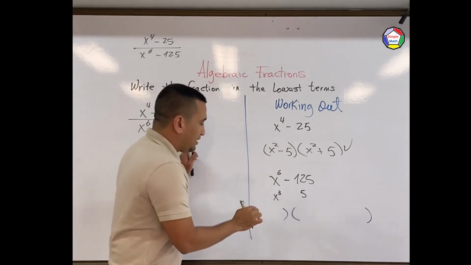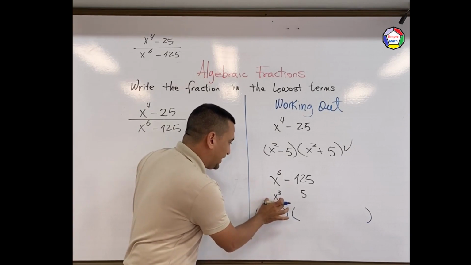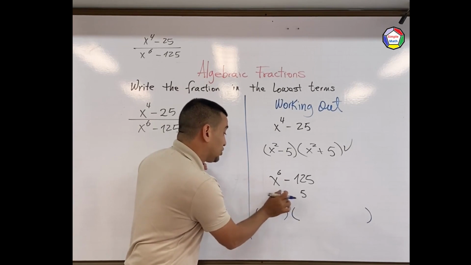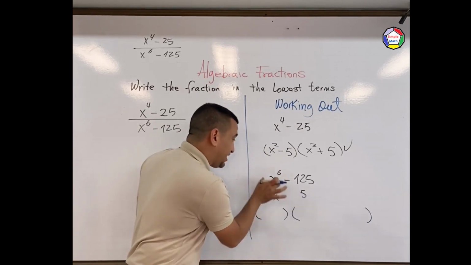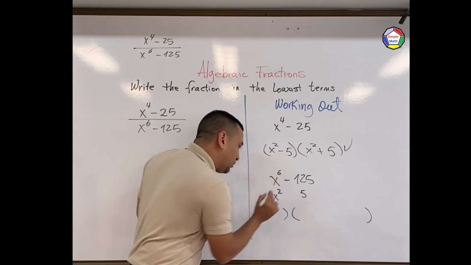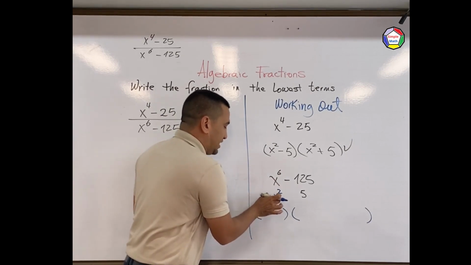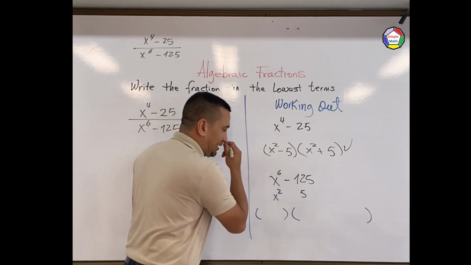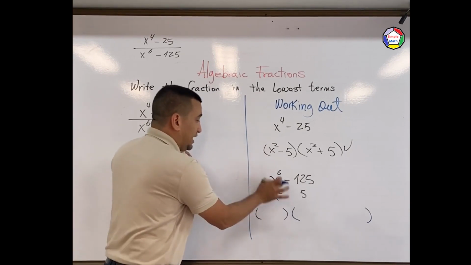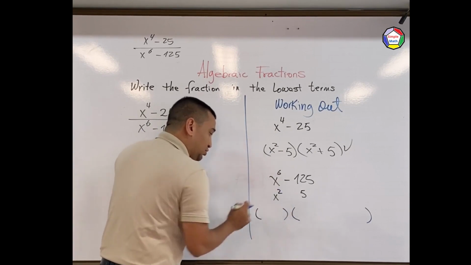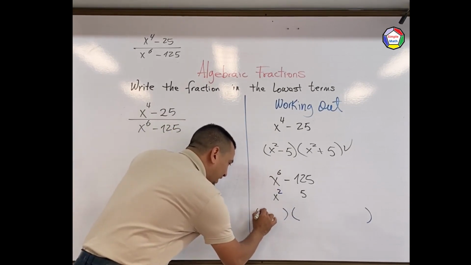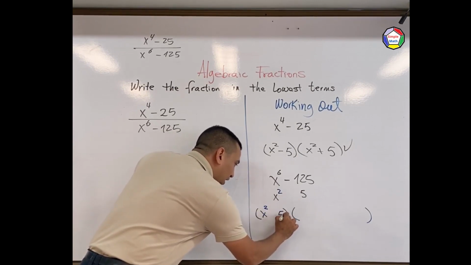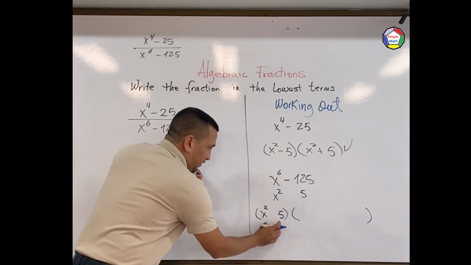In the small parenthesis, we write the cube root of the first term. The cube root of x exponent 6 is x exponent 2, because x squared times x squared times x squared, we get x to the power of 6. So we write the cube roots of both terms in the first parenthesis.